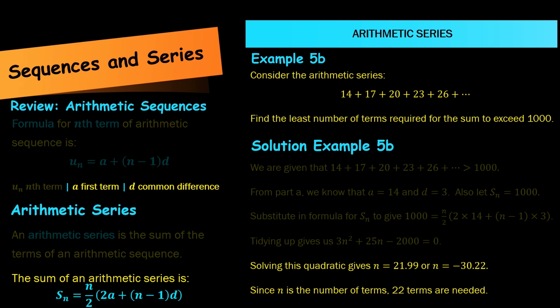Now, since n is the number of terms, we can't have a negative value for n. And therefore, we can conclude that 22 terms are needed in order for the sum to exceed 1000.